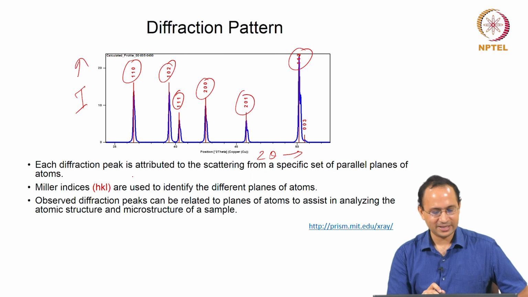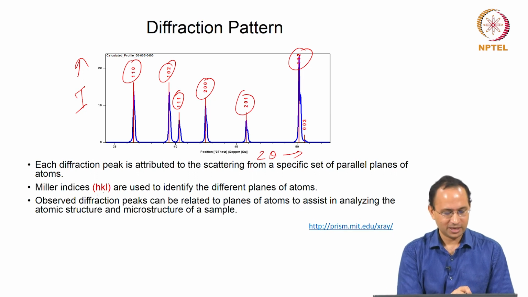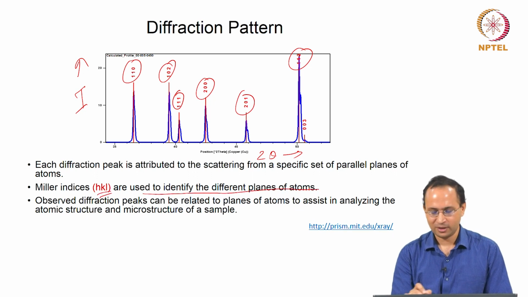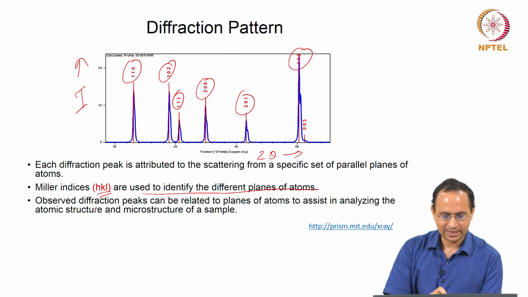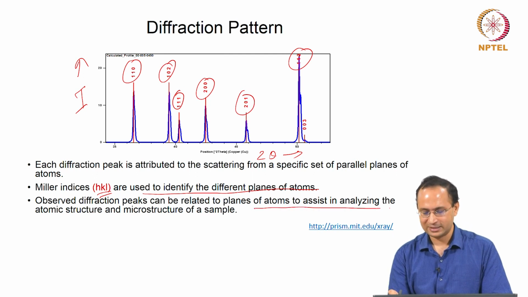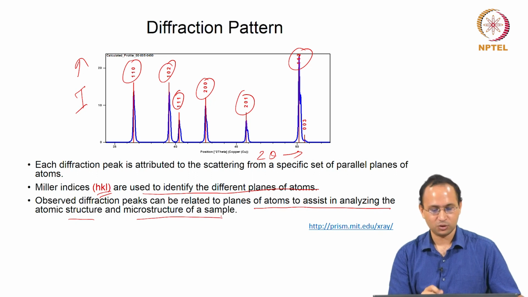Each diffraction peak is attributed to the scattering from a specific set of parallel planes of atoms. Miller indices are used to identify the different planes of atoms, right. We all know how to get that, right. Observed diffraction peaks can be related to the planes of atoms to assist in analyzing the atomic structure and microstructure of the sample. So, this can provide a lot of information, okay.